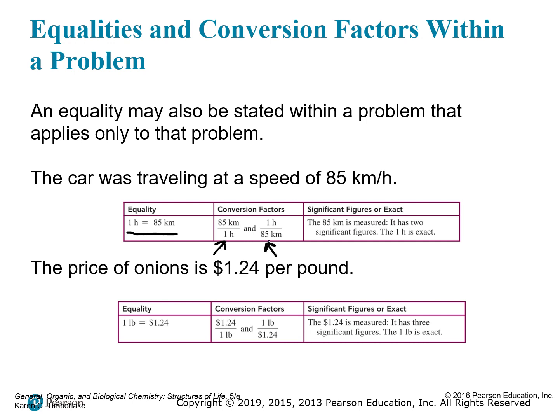The 85 is what's measured. You have two significant figures there. And the 1 hour is exact. Because the measurement is, you're in the car, you have the speedometer. That's a measurement. But the 1 hour, that's just kind of convention for how we report these things. 1 hour is exact.